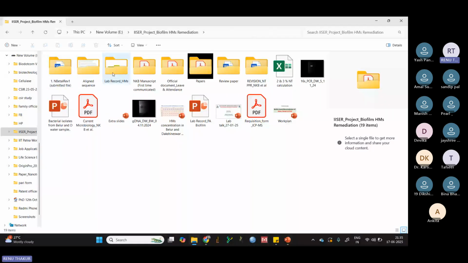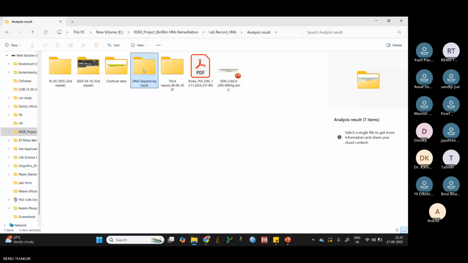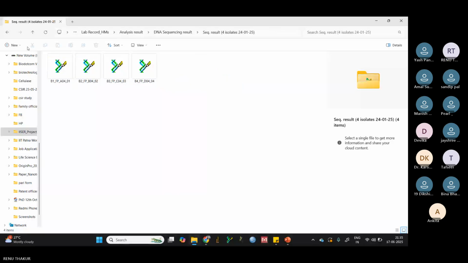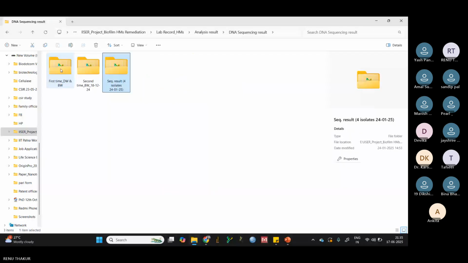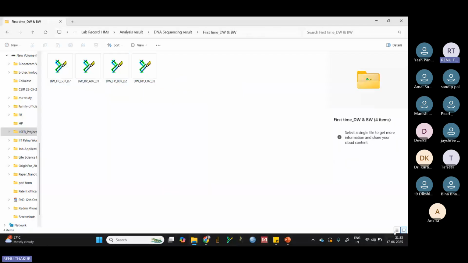Whenever your sequencing result comes, I can show any of the results. Okay. Your sequencing facility will provide you two files. This is for my two bacteria.